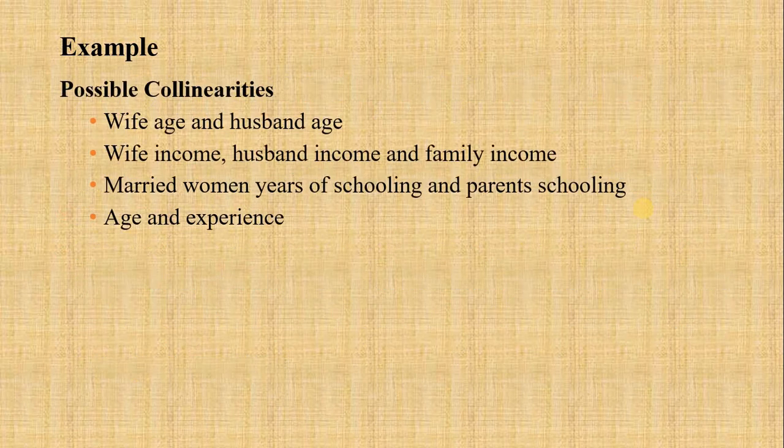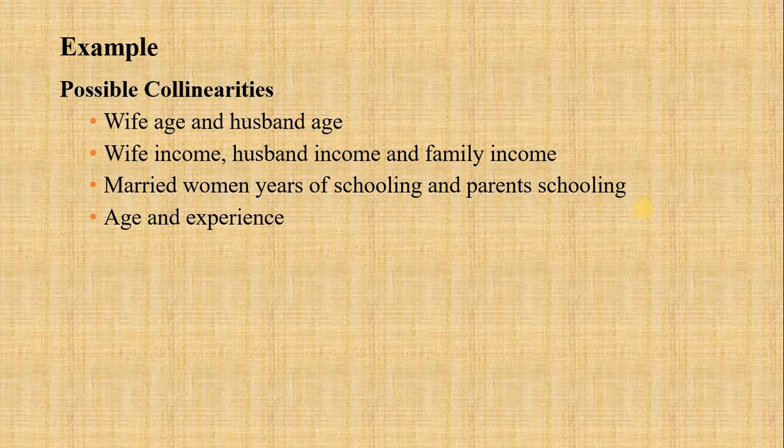But when you see this data, we can hypothesize that there will be certain collinearities. Wife's age and husband's age will be collinear. Wife's income, husband's income and family income will also be collinear, because for most people, husband's income and wife's income together make the family income.